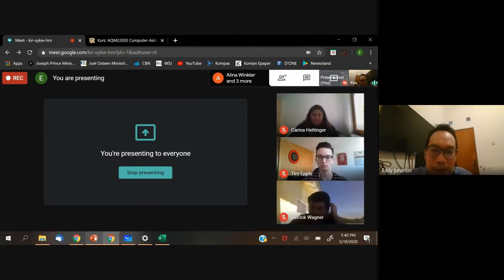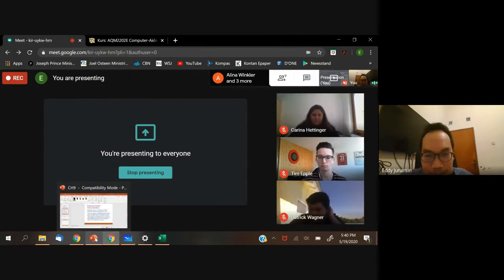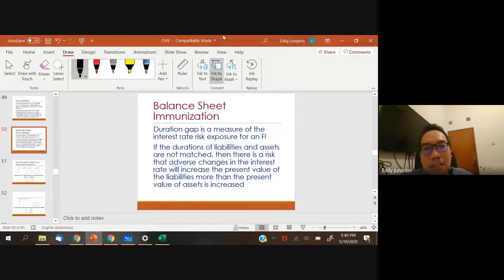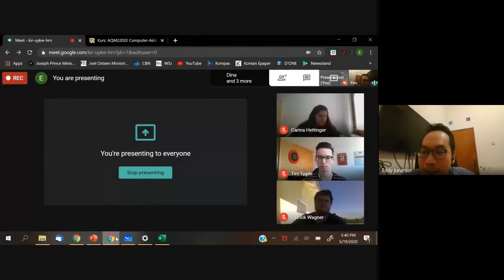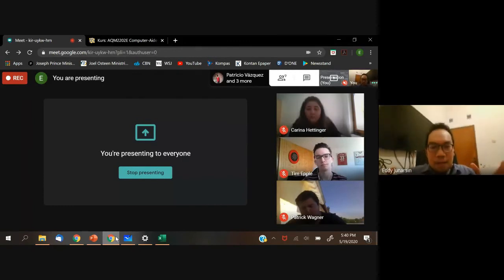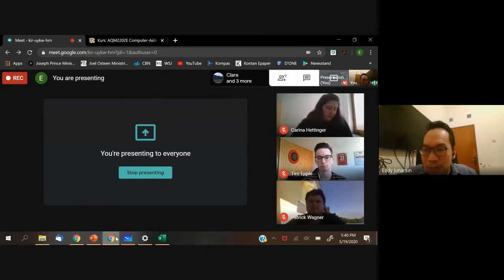Okay, so I think this is the last part of our discussion. So what about balance sheet immunization? So far we have seen a lot of examples that dealt with individual assets, individual asset immunization.